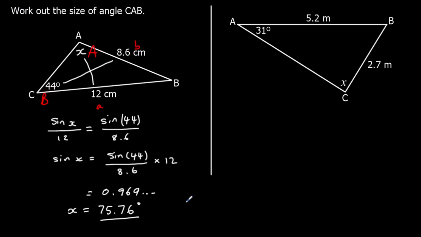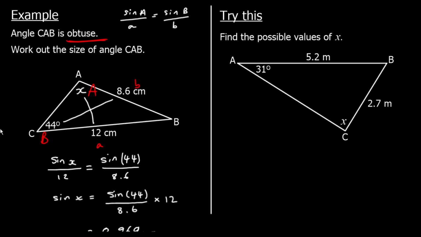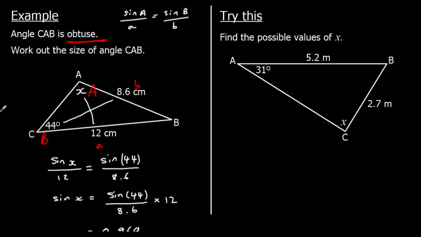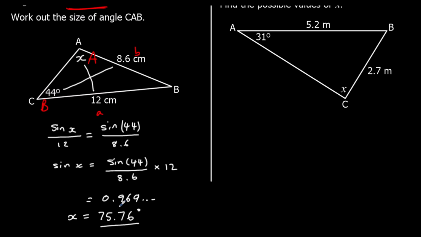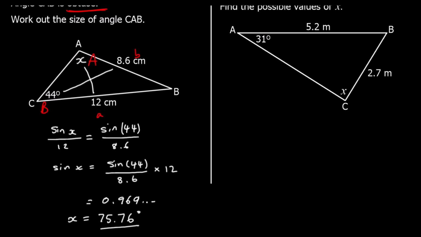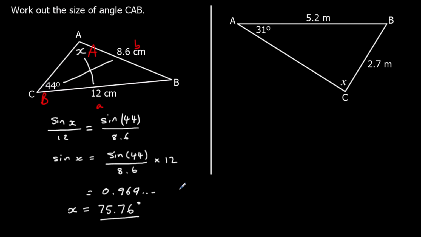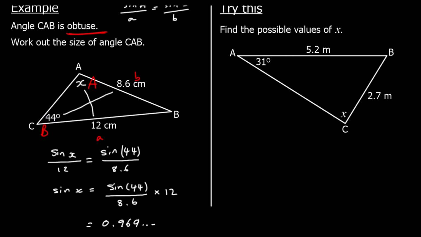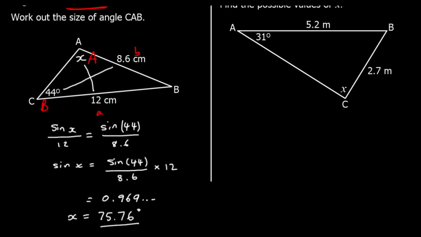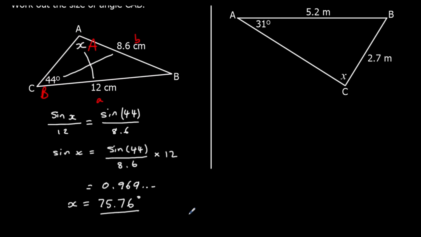But hold up, that's acute. We want to work out an obtuse angle this time. And we've been given an answer that is less than 90. So the calculator's given us an answer, but it's not the answer we want. So we want an obtuse answer, an answer between 90 and 180, and the calculator's given us 75.76.